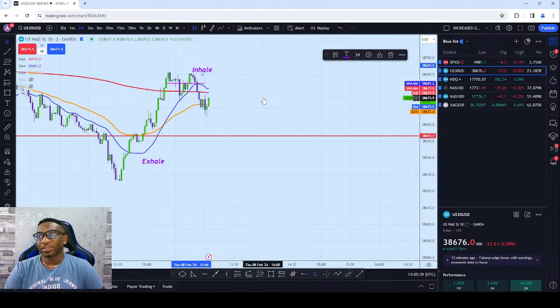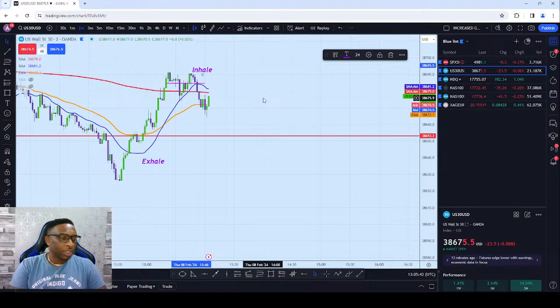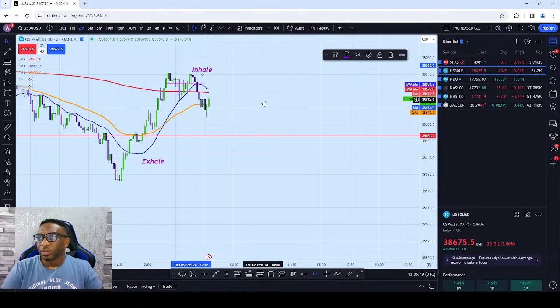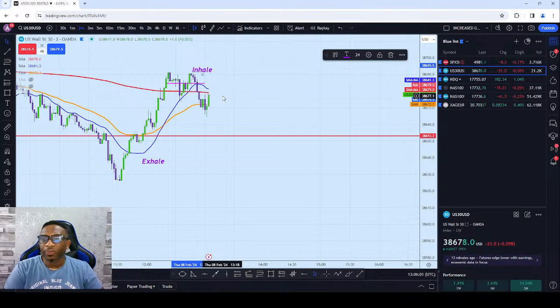If the reason why you entered the trade is no longer valid, you are out. There's no need to keep on holding your position in the trade. There's no need to hold that position. So you look out for another opportunity.